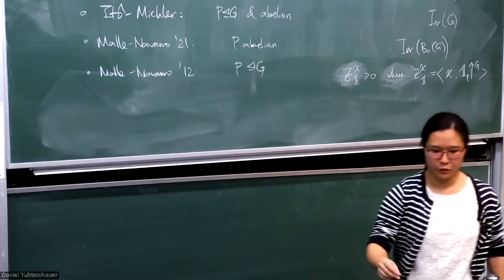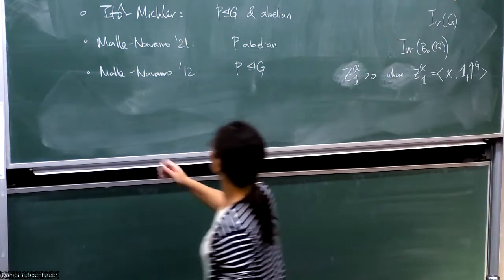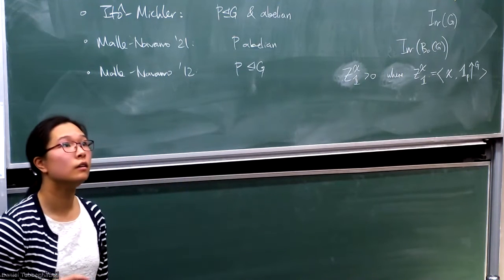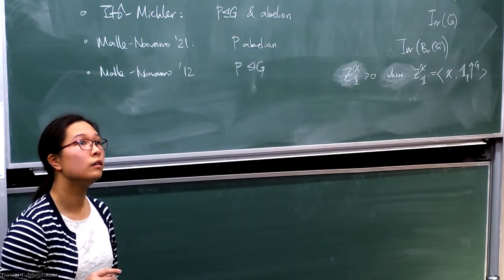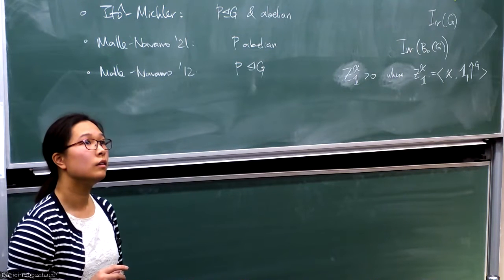And in recent joint work, if you want to satisfy two properties at the same time, won't you take the intersection?